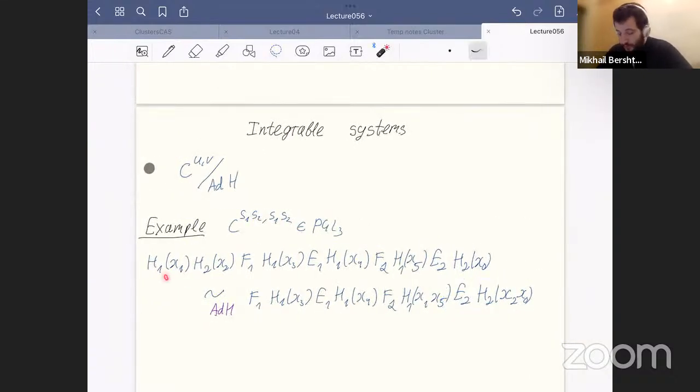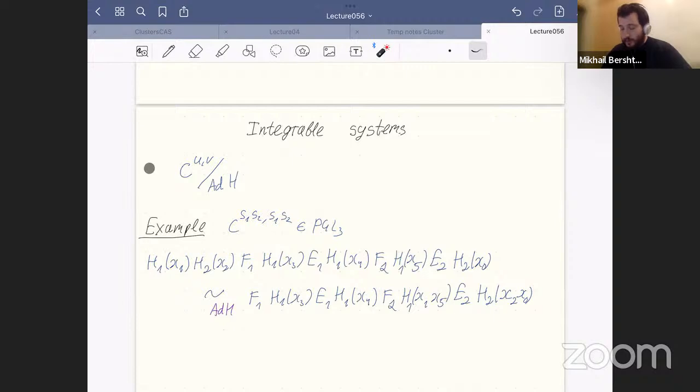Because h commutes with all h's and with both e and f other than its own. So h are some sort of weight generators, and weight generators do not commute with root generators only for its root.